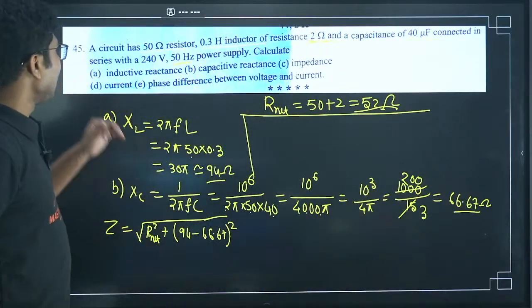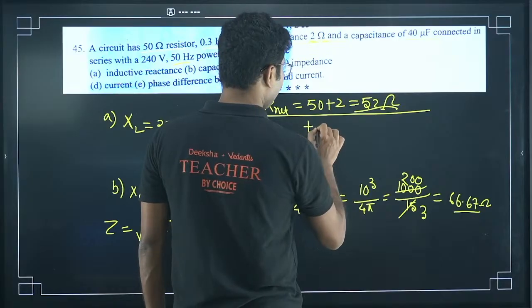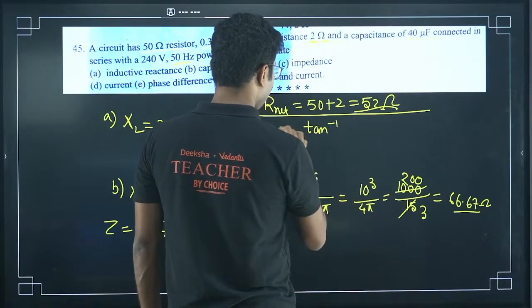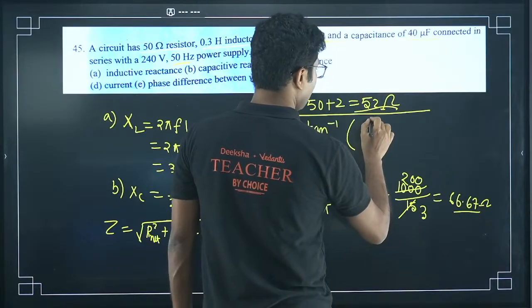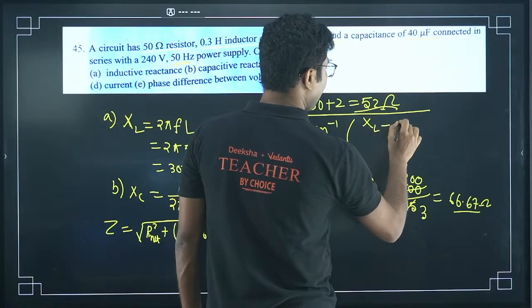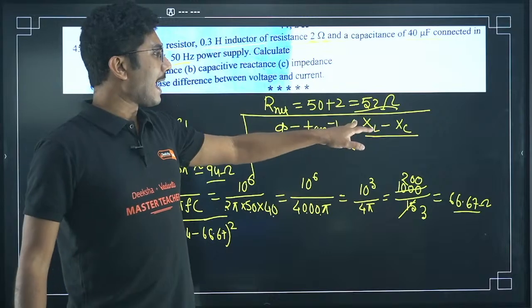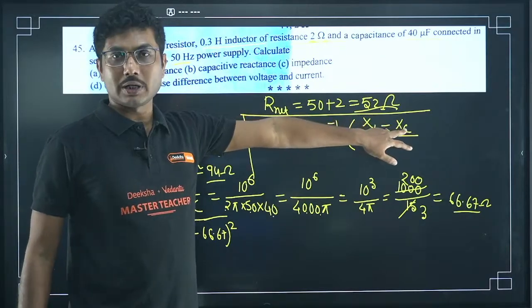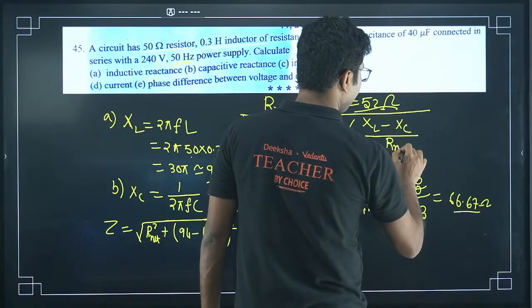Next is the phase difference between the voltage and current. Phase difference is tan inverse of XL minus XC divided by R net. Again, in this case, whoever is bigger will be first, whoever is smaller will be second.